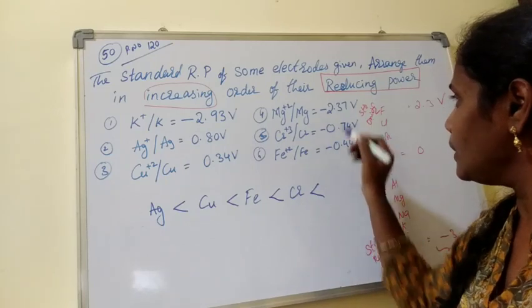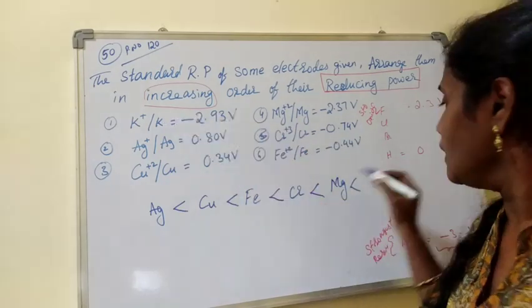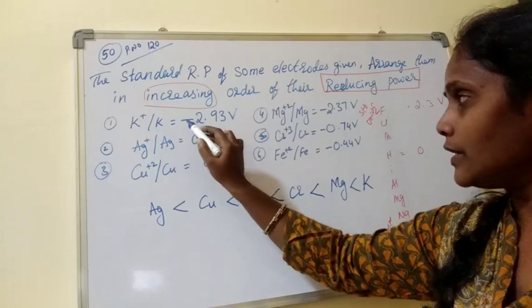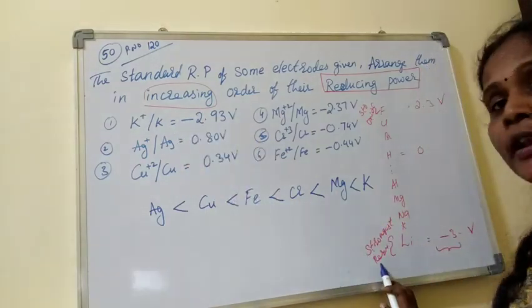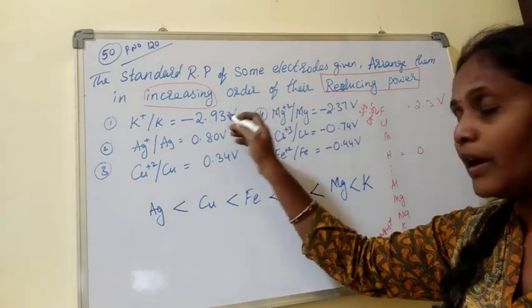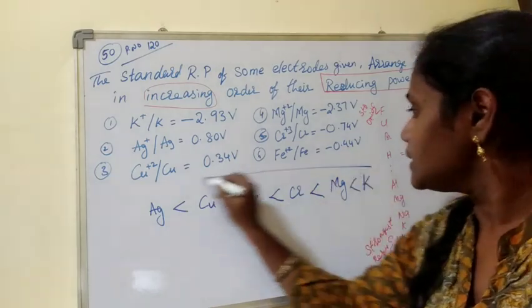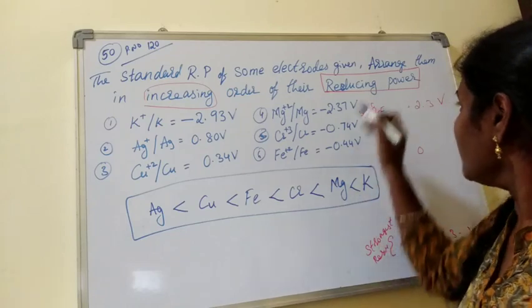Next higher value will become magnesium, and the next will be your potassium. So here potassium is having the least value, therefore it is the strongest reducing agent. Say potassium after lithium only, then say 2.93 already is there, then your lithium comes. So this is the increasing order of the reducing power.